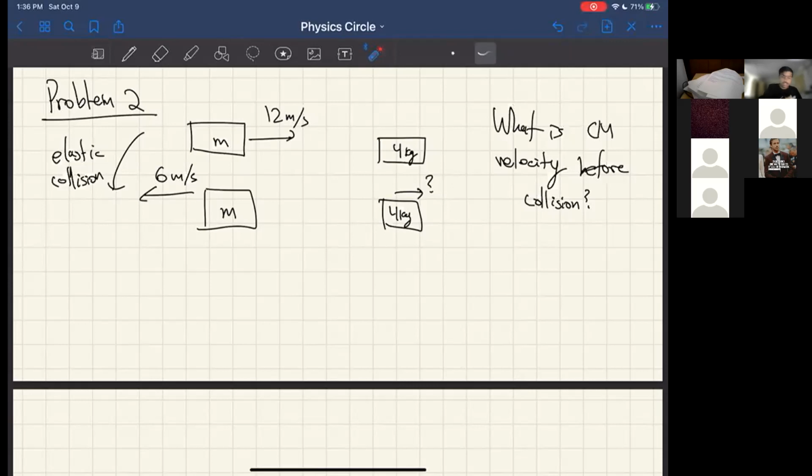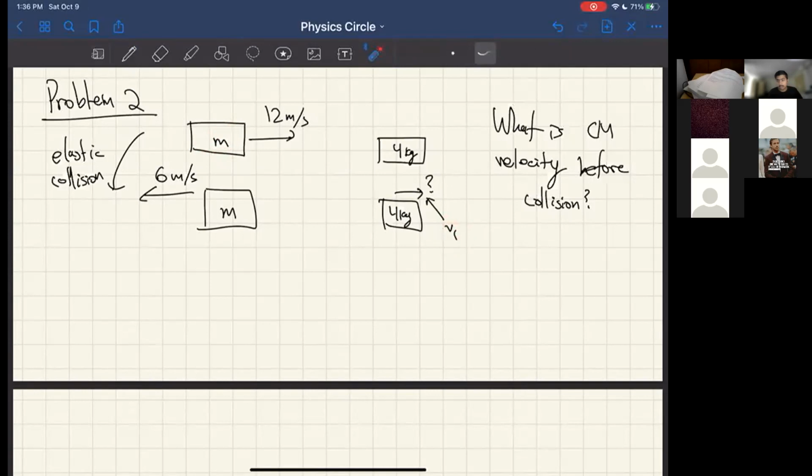Now, somebody pointed out in chat, this is a problem which you can just grind out with some elastic collision formulas. Like m is one unknown, and this new velocity here, I'll call it v1, is an unknown. You have 2 equations because you have momentum conservation and energy conservation, and 2 unknowns, mass and velocity.